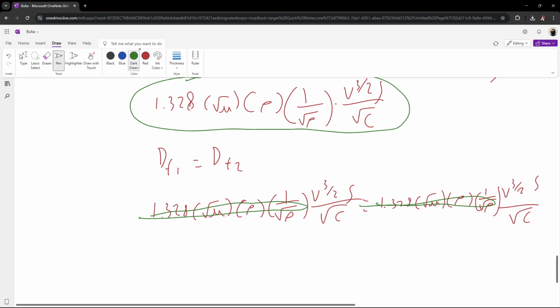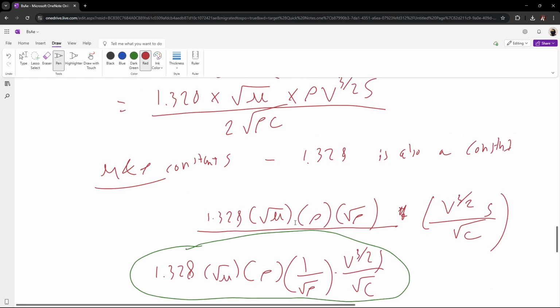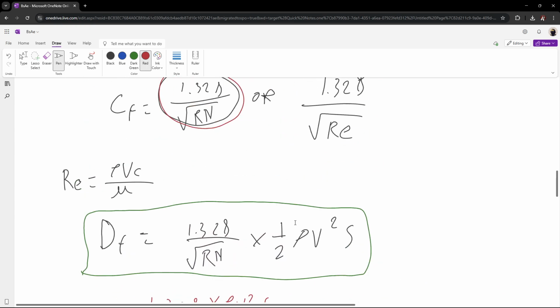Why? Because they're constants. Knowing that it gets cancelled, we are left with V to the 3 over 2 S square root of C is equals to V to the 3 over 2 S square root of C. Okay, I think that's more bearable.